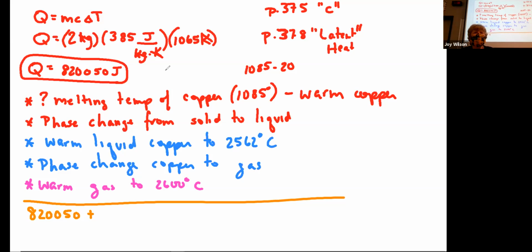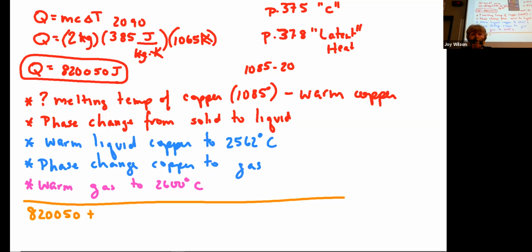Just by comparison, the specific heat for water is 2090. So it takes 7 times more energy to warm up water 1 degree than it does copper 1 degree. Which is why you dunk things in water to cool them off.